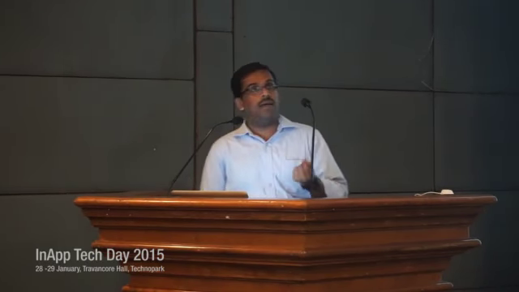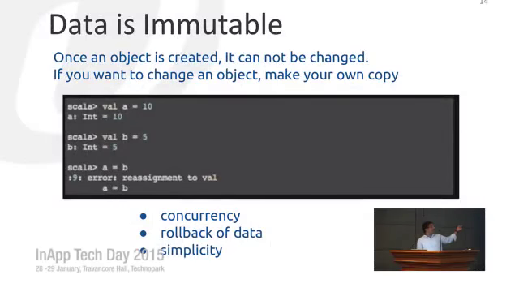This helps us stay safe from thread safety and concurrency related issues. You can see here, this is from Scala code. I am assigning a value to variable A, and you can't reassign another value to A. It will throw an error.